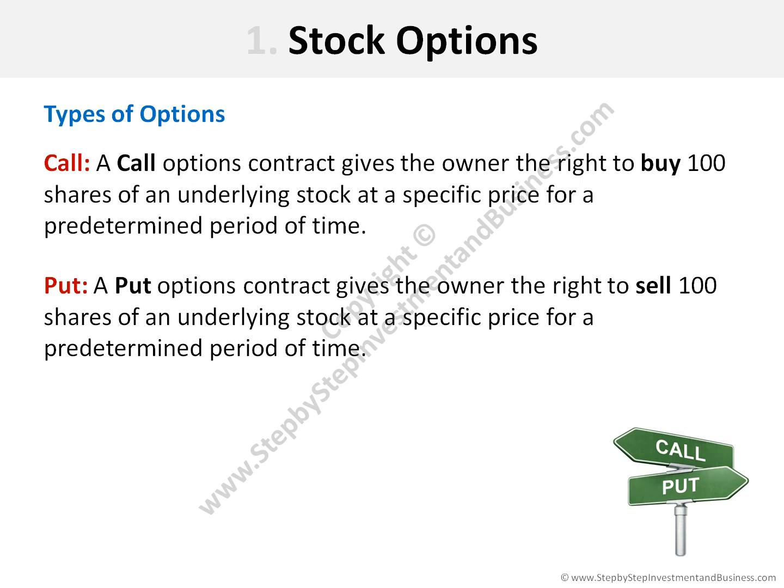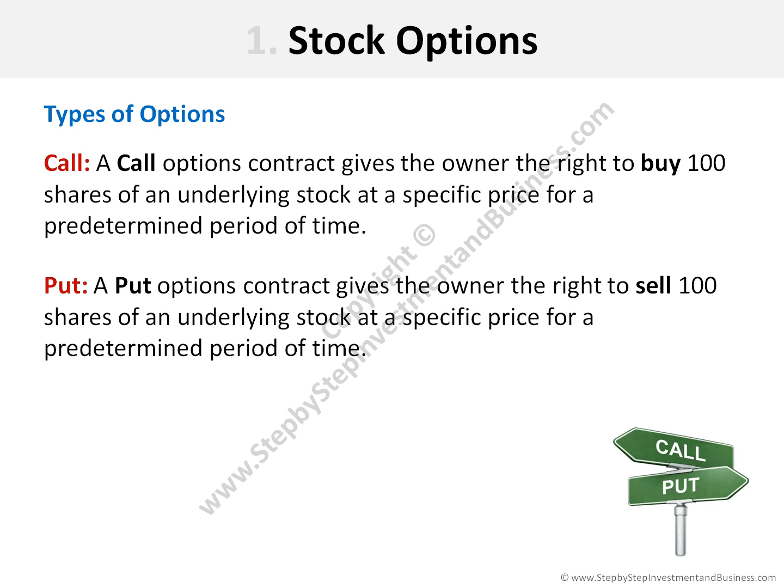Let's see the definition of the two types of options we have: call and put. A call options contract gives the owner the right to buy 100 shares of an underlying stock at a specific price for a predetermined period of time.